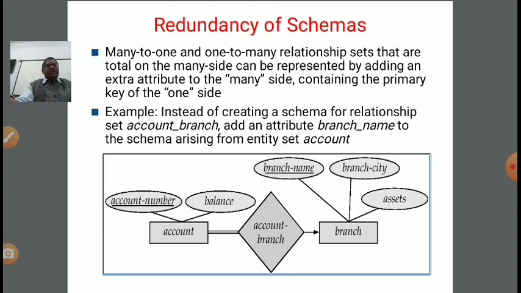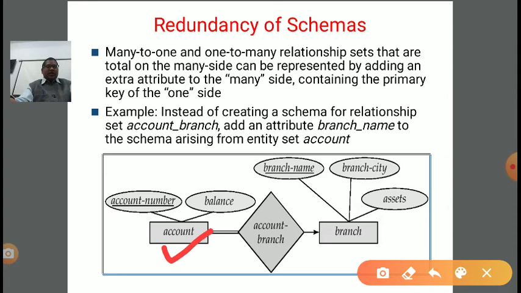For example, instead of creating a schema for the relationship set account branch, add an attribute branch name to the schema arising from the entity set account. One entity is account, another entity is branch. In account, account number is the primary key, next is the balance. In branch, branch name is the primary key, then branch city and assets.